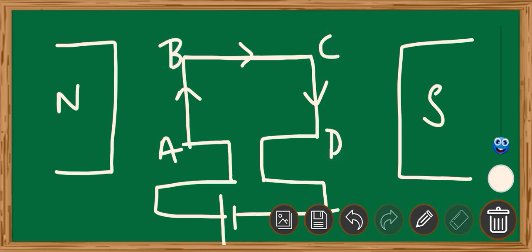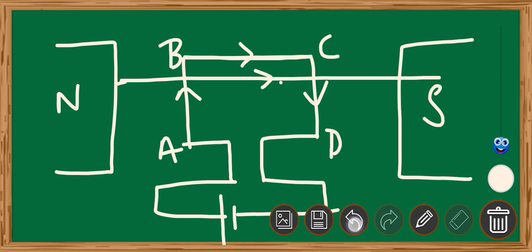Just look at this BC. This is the magnetic field line, and this is BC. BC and this magnetic field line both act in the same direction. Both are parallel, so the angle between them is 0. Then look at this portion AD.